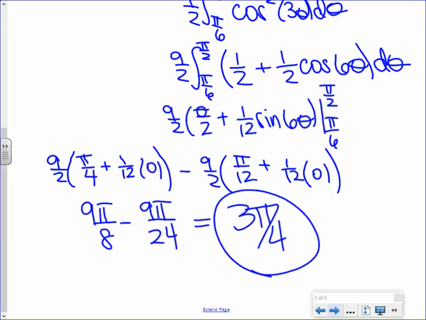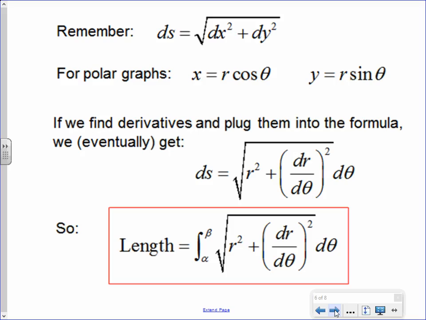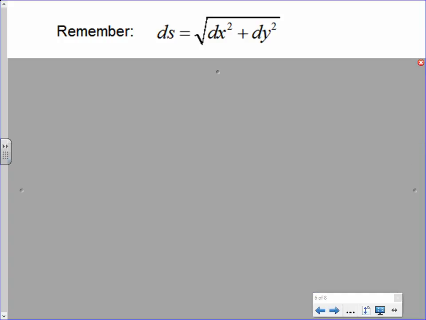When we talked about arc lengths for a parametric, what was it? Square root of something, 1 plus... That's correct, but that was for non-parametric. For parametric it's the x dt squared plus dy dt squared, right?